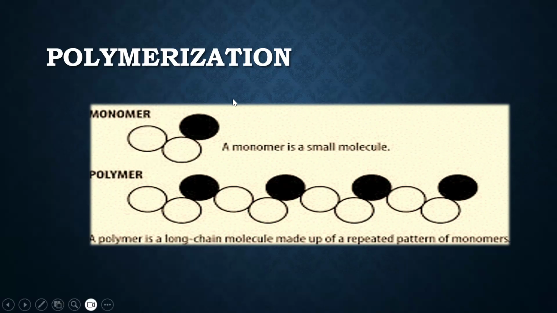Consider this monomer is ethylene. When we collect many ethylene molecules together and they are bonded together, they will polymerize into polyethylene. Propene is a monomer.